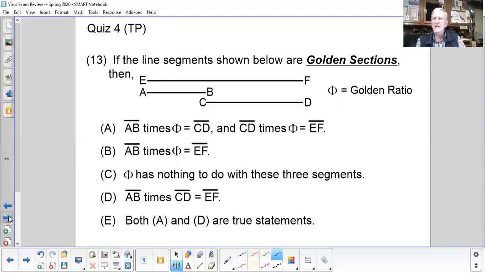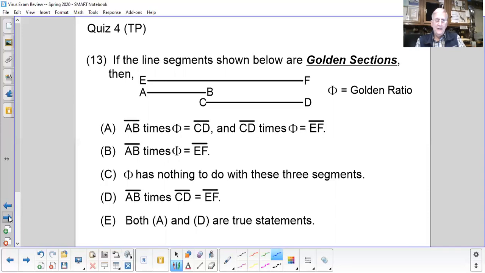Or should it say AB plus CD equals EF? So D's no good. Now, it says in statement E that both statements A and D are true statements. Well, D is not a true statement.